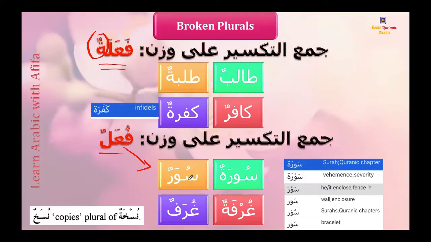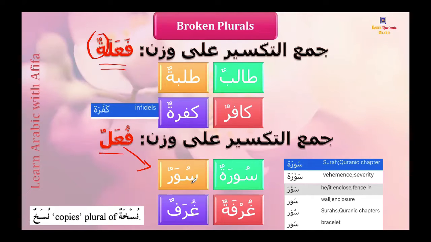Okay, suratun, suwarun. Please observe these pronunciations because I gave you this little chart here to show you that if you change the fatha, dhamma, kasra, the meaning changes, right, over here. So that's why it's important to pronounce these things correctly.